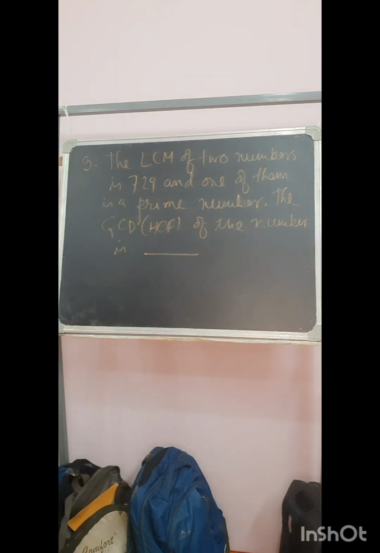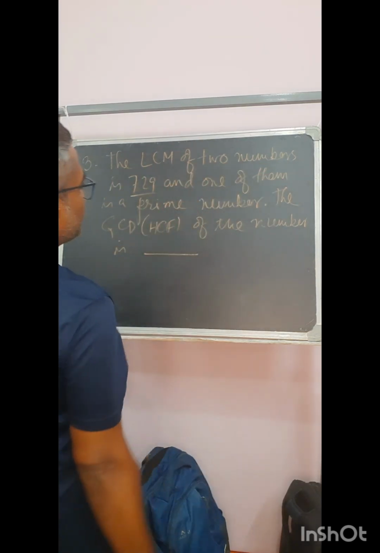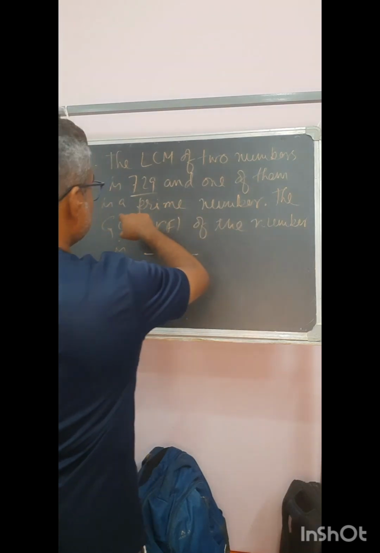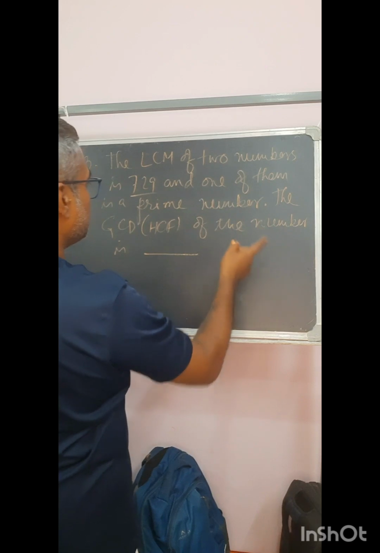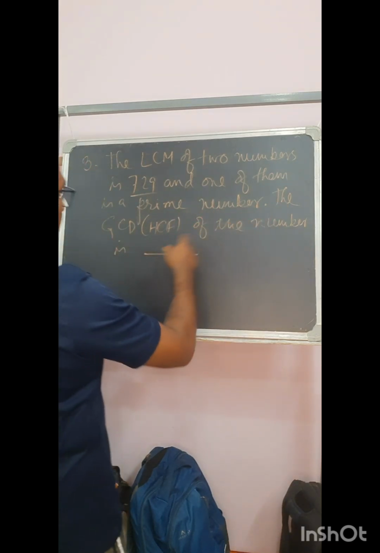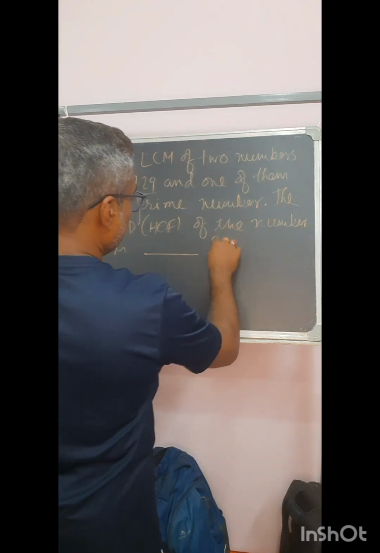Okay. Now I read the question: the LCM of two numbers is 729 and one of them is a prime number. Then you have to find the GCD. That means what is the GCD? That is given as dash.